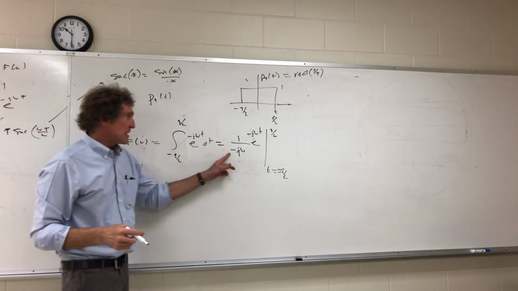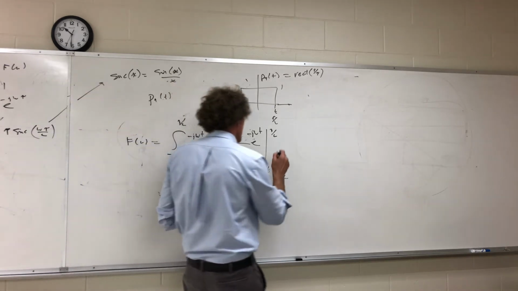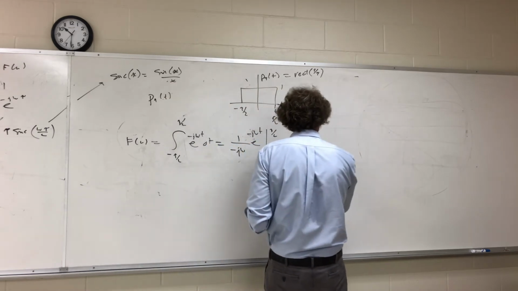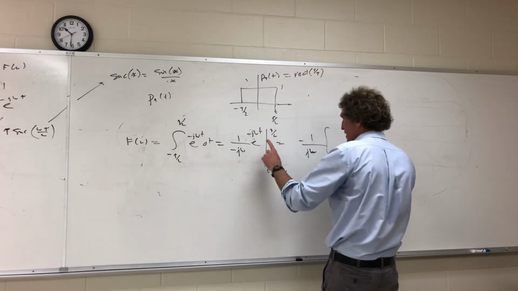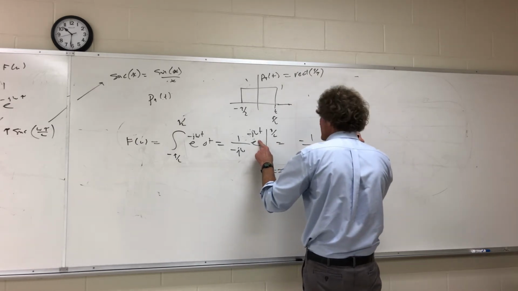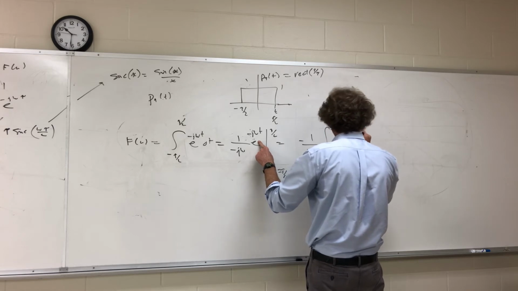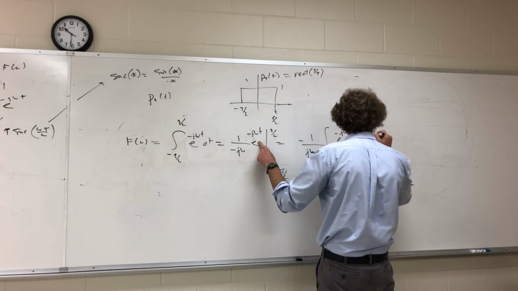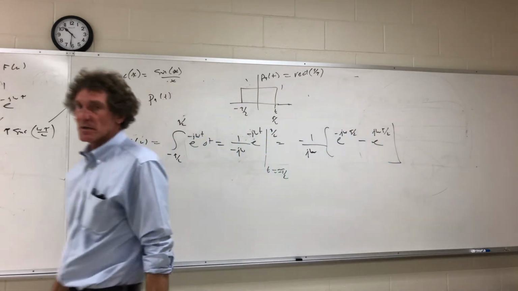I'm going to leave that j downstairs for a moment, and that's going to be equal to minus 1 over j omega, and then I have e to the minus j omega tau over 2 minus e to the plus j omega tau over 2. Please just take a look and convince yourself that's right.